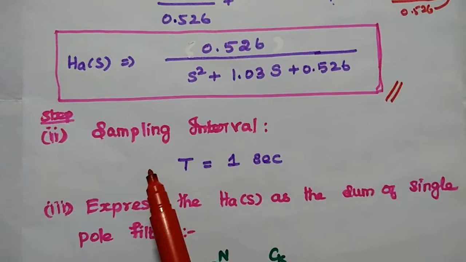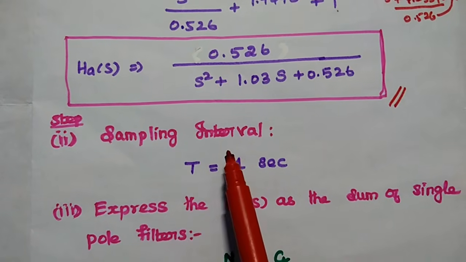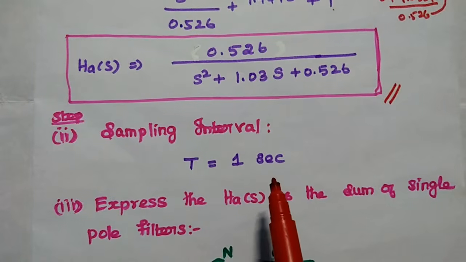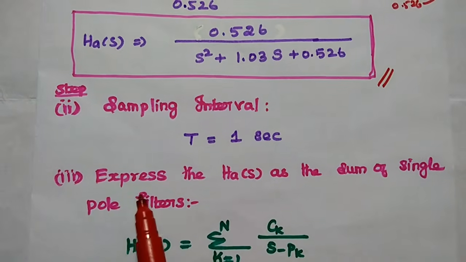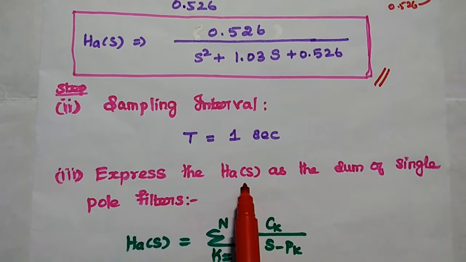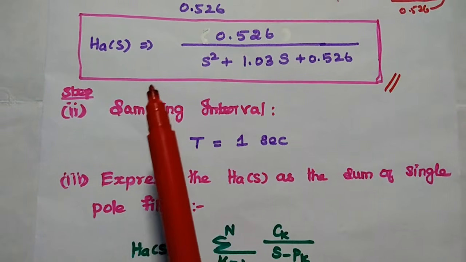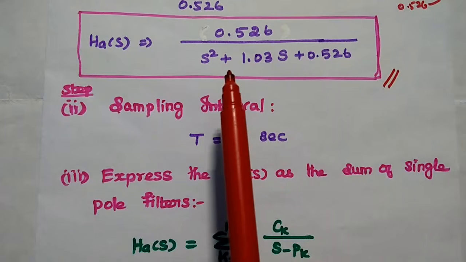So the second step in the impulse invariance method is to get the sampling interval value. Here we have already assumed T is equal to 1 second. The third step of the impulse invariance method is to express the analog transfer function as the sum of single pole filters. Here in this analog transfer function, the denominator represents the pole value.